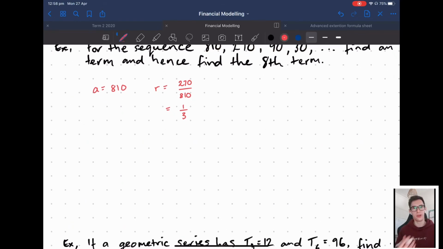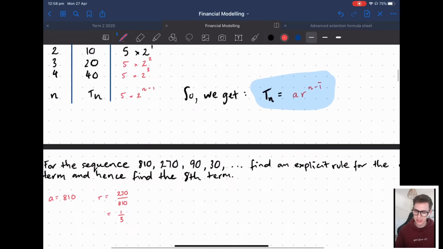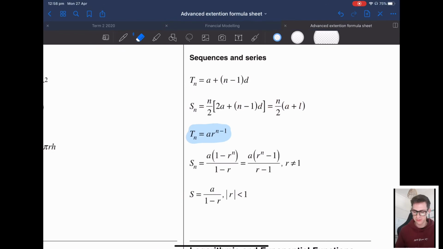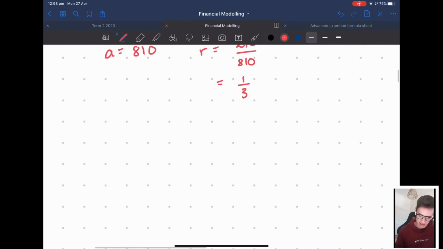Okay, now we know how to write our formula because we looked at it just here. Ignore that little dash above it, and it's also on your reference sheet. So it's always going to be, for any spot, that's why I'm considering n as the number of the spot, our A value multiplied by our R value, and we might do this bit in brackets, just for a bit of nicety.